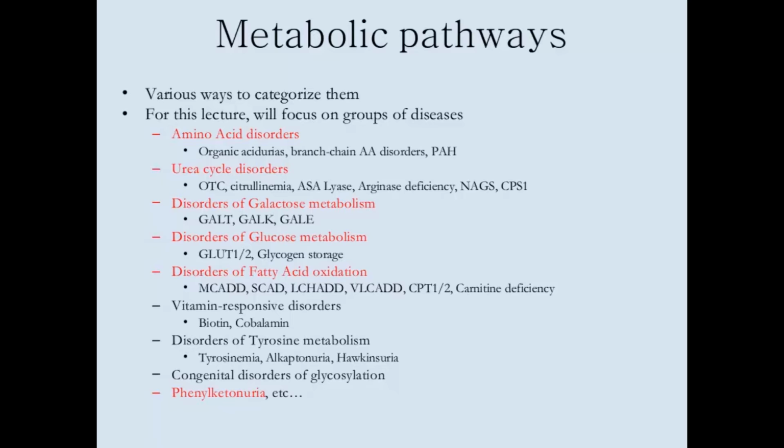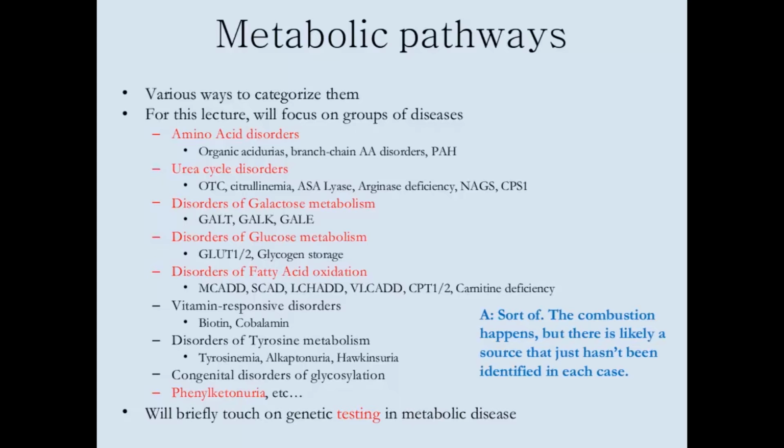Again, that can be a lecture in itself, so while I give it a nod in terms of it being a biochemical group, I'm not going to touch base on that today. And then we'll talk briefly about how you can do biochemical testing to diagnose these diseases, as well as some molecular testing.